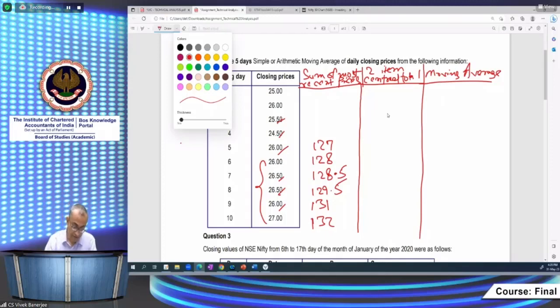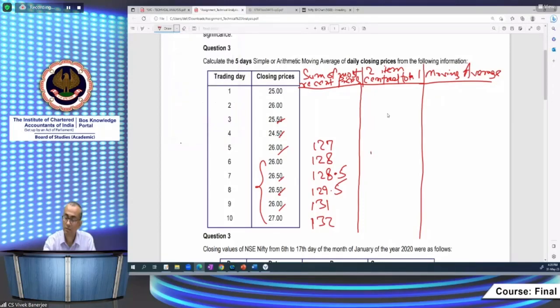So 127 plus 128 is equal to 255. Now next, 128 plus 128.5. It is 256.5.